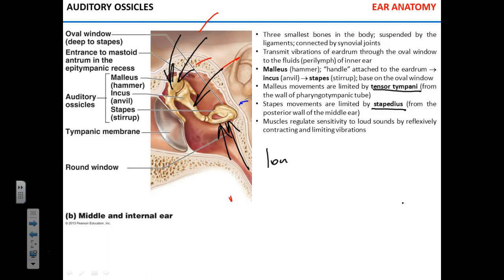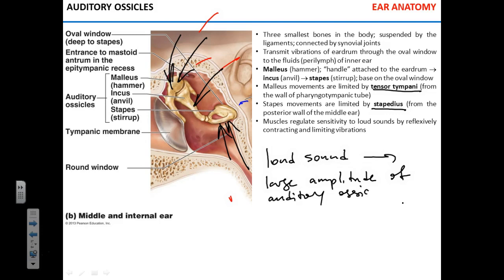So we have loud sound, which produces large amplitude of auditory ossicles.